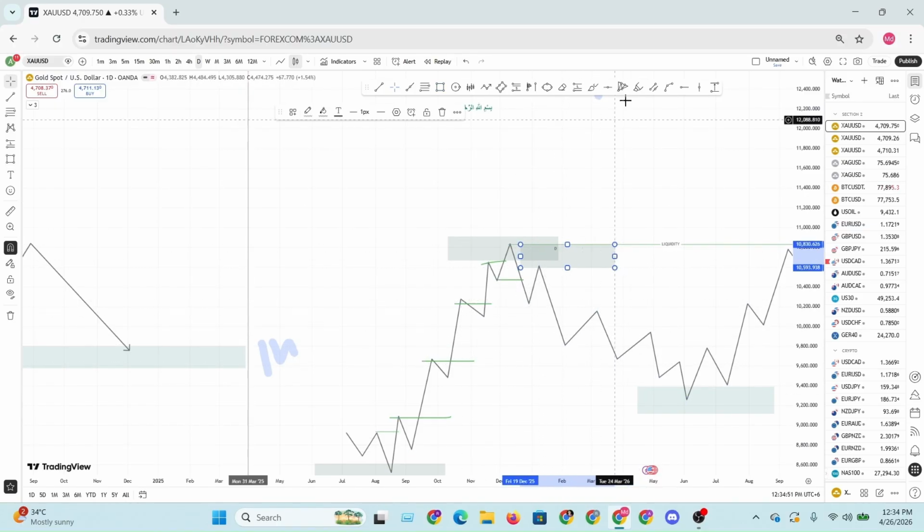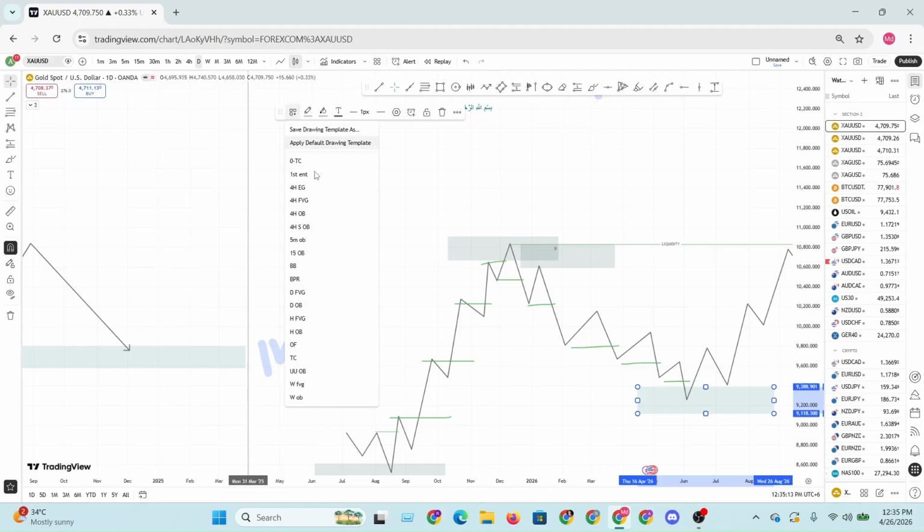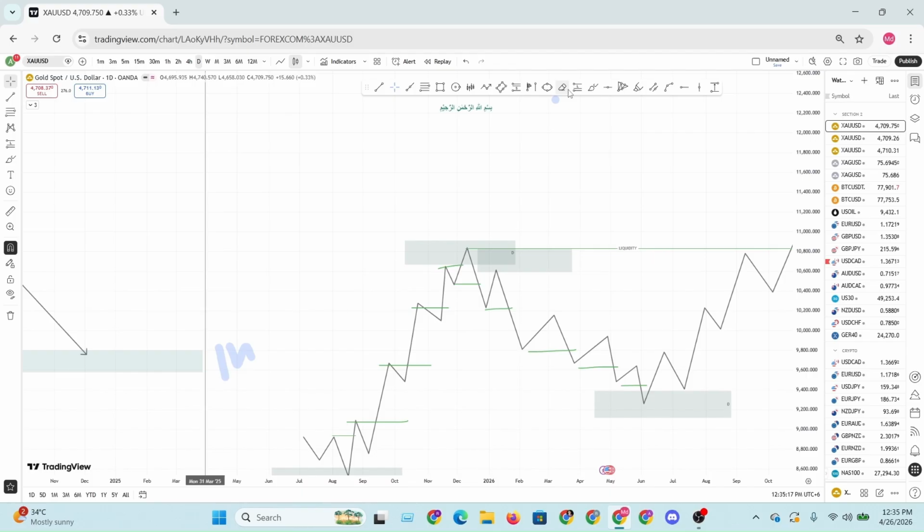Then bearish, bearish, bearish, all the lower highs are protected, and here the higher low is protected. Let's see when it came to another daily level, it shifted the structure.